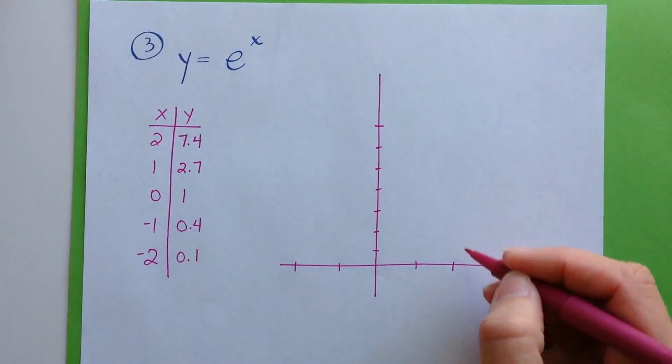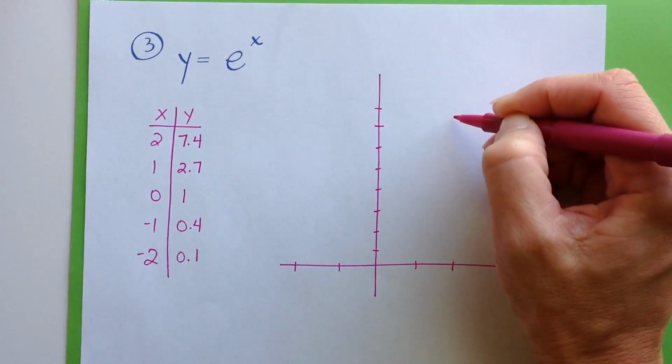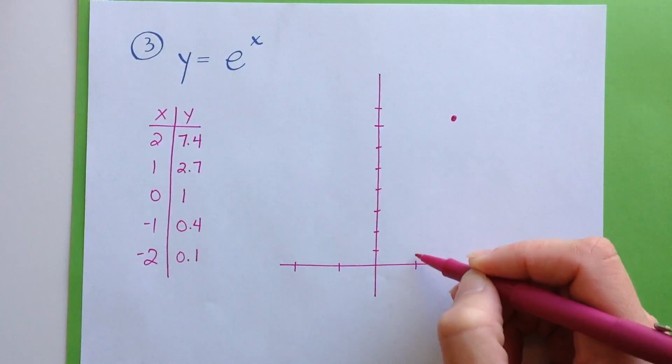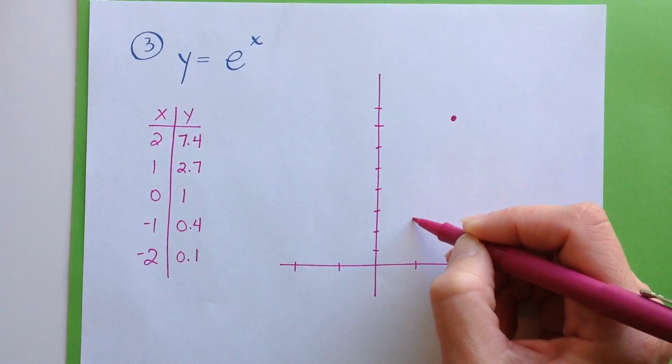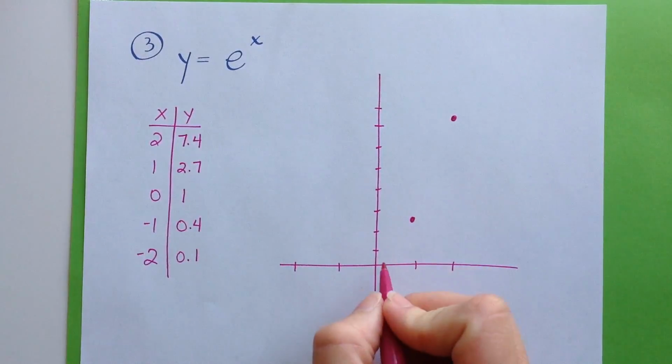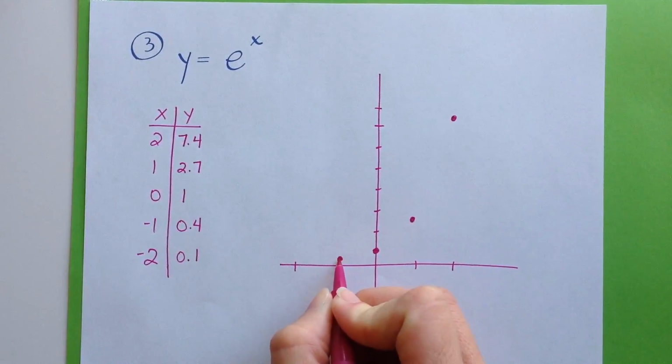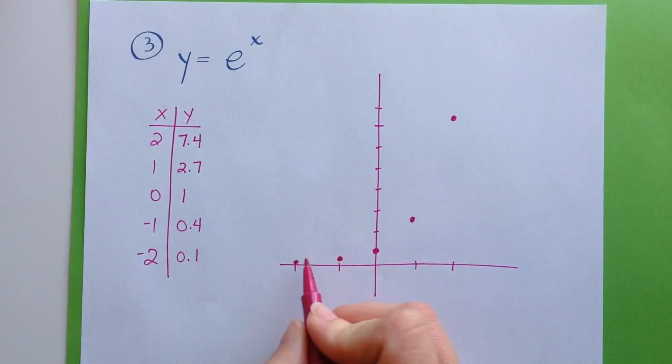So 2 and then 7.4, 1, 2.7, 0, 1, -1, 0.4, -2, 0.1.